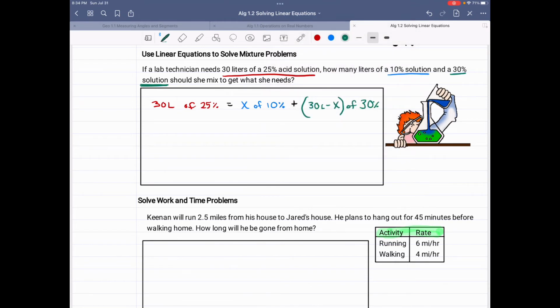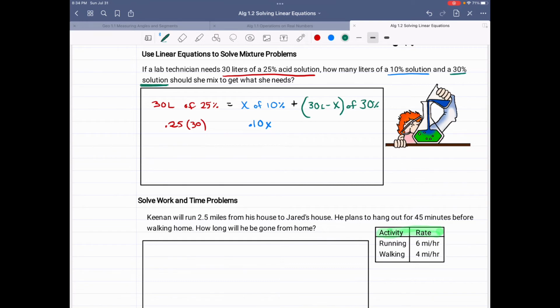All right, let's work this out. So 30 liters of a 25% solution, we are going to write the percent as a decimal, 0.25, and we're going to multiply it using parentheses, 30. Then we have the 10% solution, we'll write as a decimal, 0.10, and we're going to multiply it times x.